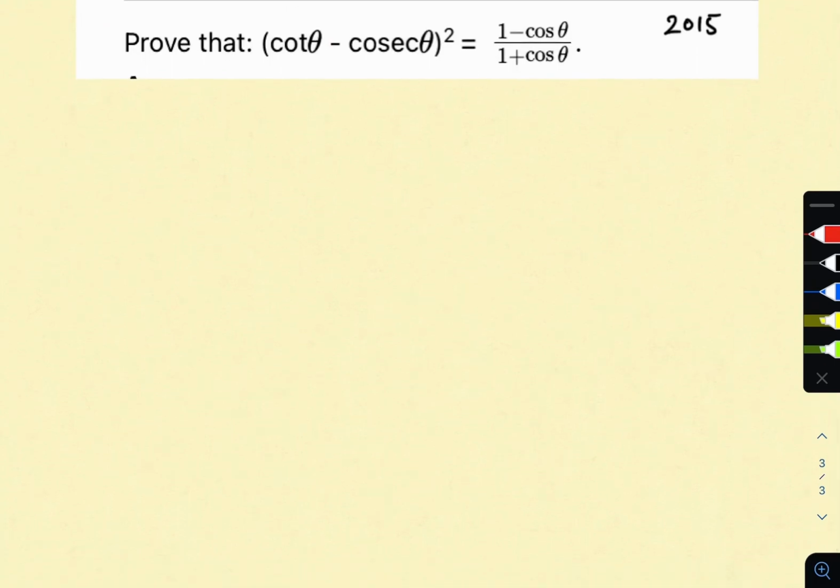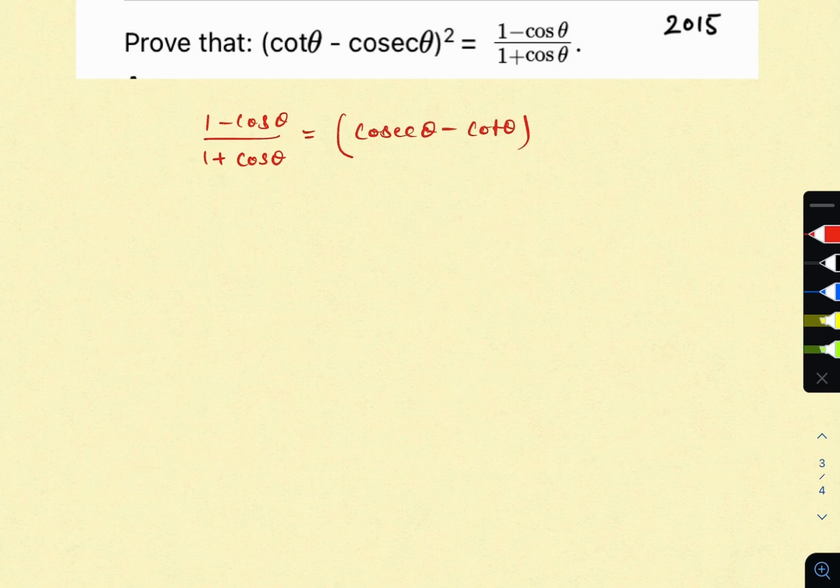This question is: cot theta minus cosecant theta whole square is equal to 1 minus cos theta upon 1 plus cos theta. Let me write the first question again here. What was the first question? 1 minus cos theta upon 1 plus cos theta is equal to cosecant theta minus cot theta whole square.